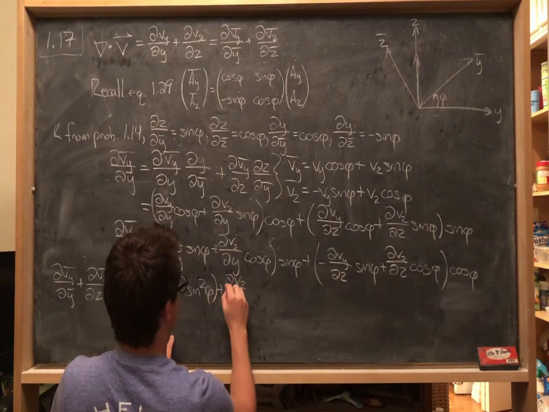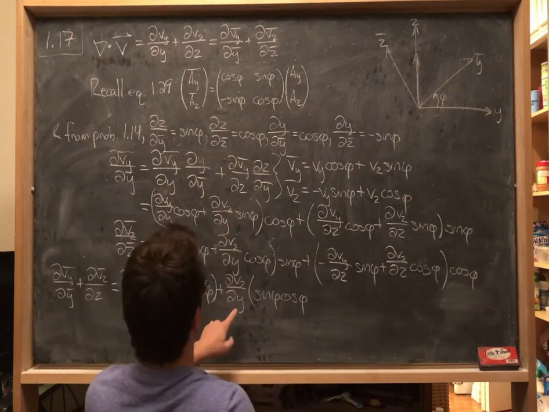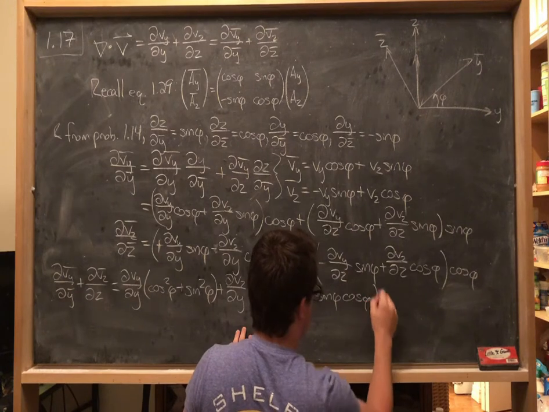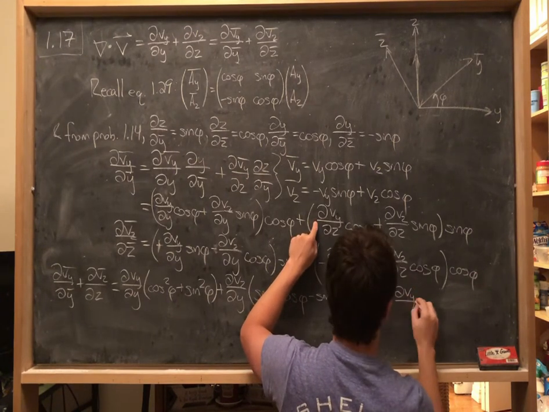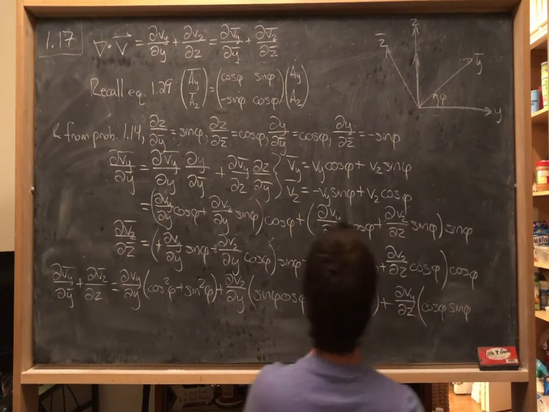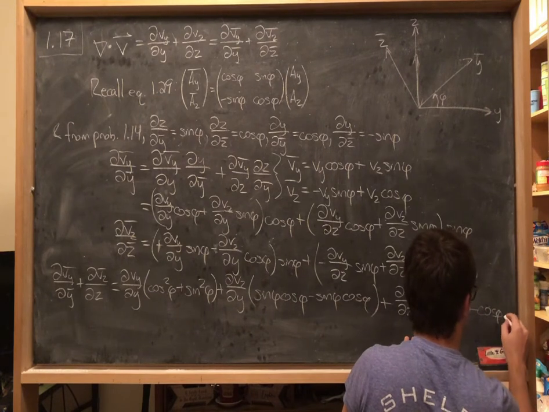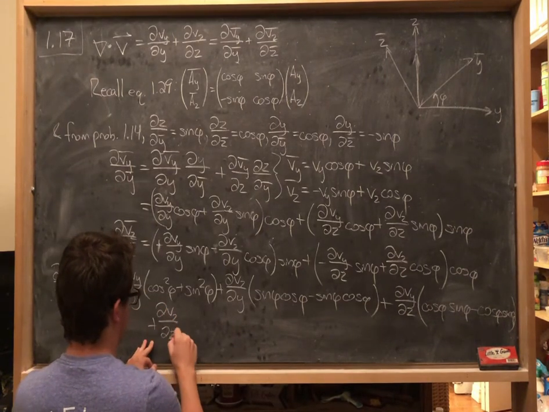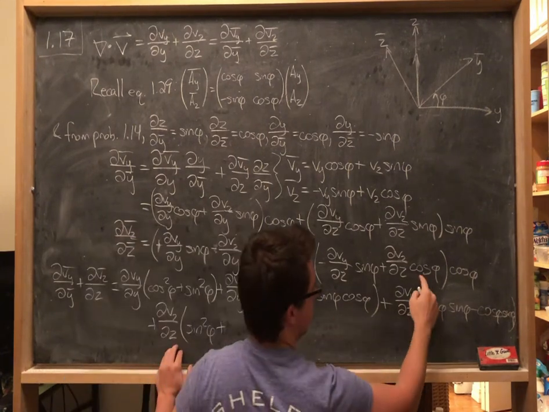Then plus d vz dy is sine cosine, and then this is minus sine phi cosine phi, and then plus d vy dz, and this is cosine times sine, and then down here d vy dz minus sine times cosine, and then our last term d vz dz, which over here is sine squared, and then down here is cosine squared.